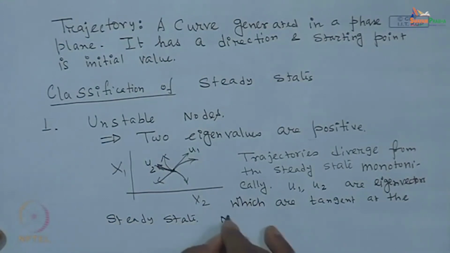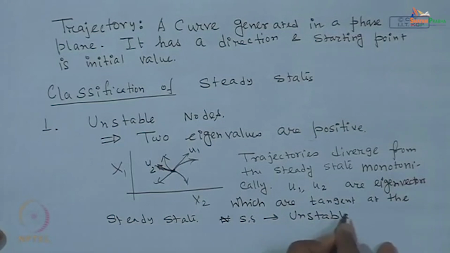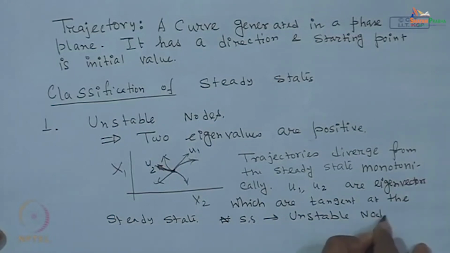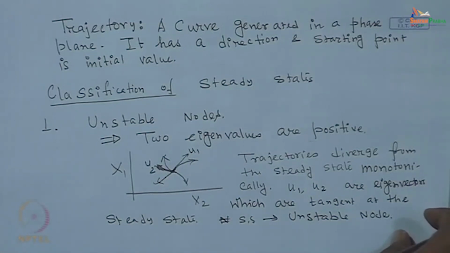Such a node or steady state is called an unstable node. Because of the presence of an unstable node, any point around this steady state will diverge from it. So, these are called unstable nodes.